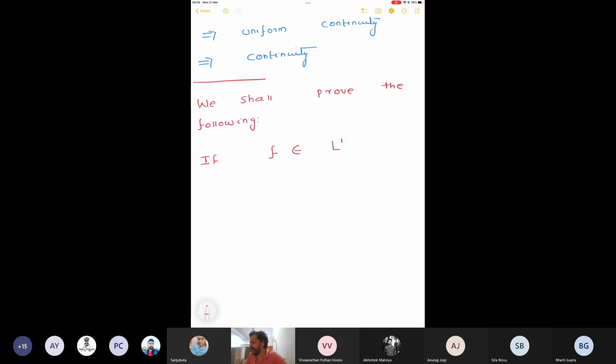f is in L1(AB). I hope I have introduced this notation L1(AB). What does it mean? Did I introduce this notation? It is the collection of all functions defined on AB which are Lebesgue integrable, that is, integral of mod f dm is finite. Okay.